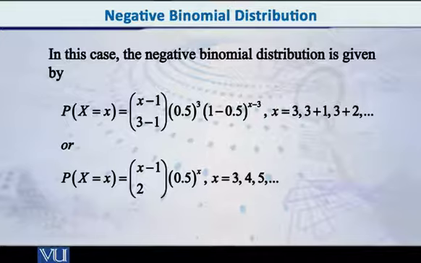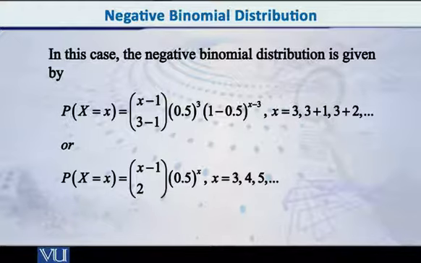So what do we have here? (1 minus 0.5) raised to x minus 3. और इसकी जो सपोर्ट है, यानी जिसको डोमेन भी कहते हैं, what are they? As I said a short while ago, r, r plus 1, r plus 2, and so on. तो यहाँ पे क्या होगा? 3, 4, 5, and so on.